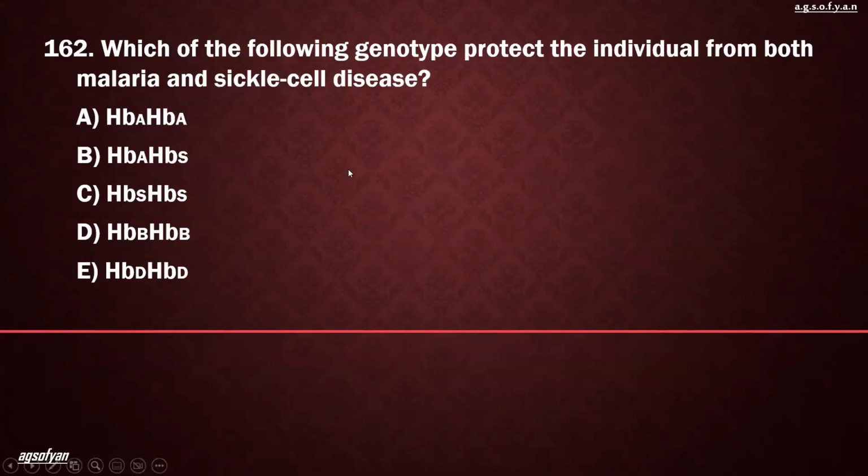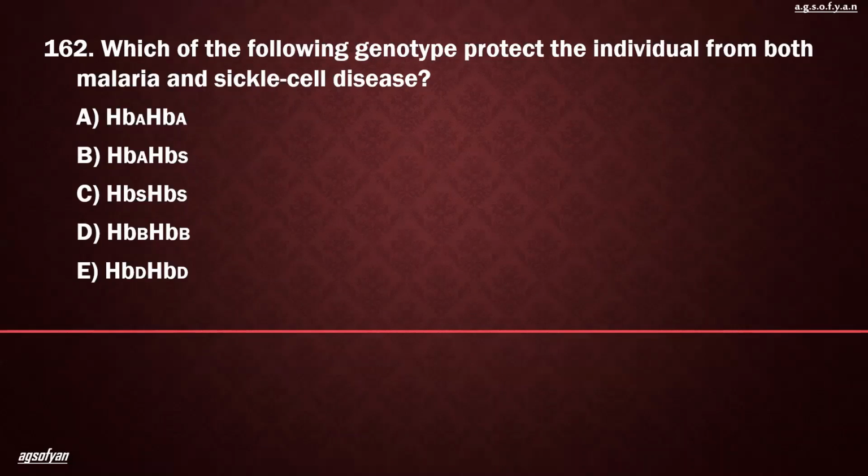Which of the following genotypes protects the individual from both malaria and sickle cell disease? I think we have this one in our lecture. It has to be the heterozygous genotype. Which one looks like heterozygous?